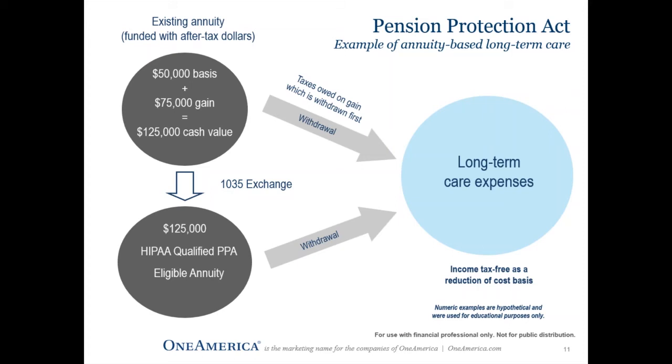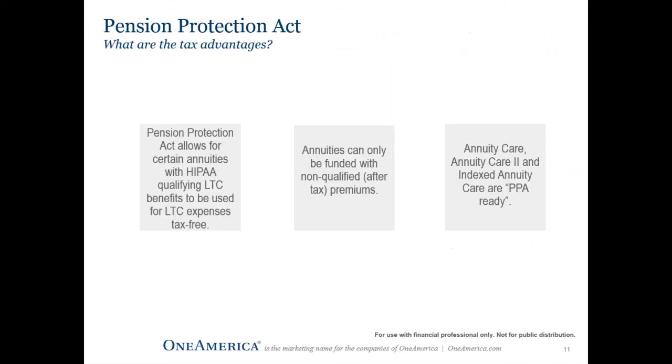Now look at my next slide, which is really important, especially the center point, the one in the middle. Annuities that are non-qualified can be endorsed with the Pension Protection Act, which is to say, we cannot deliver the same tax advantage when using qualified assets.